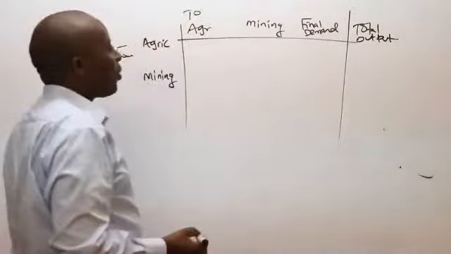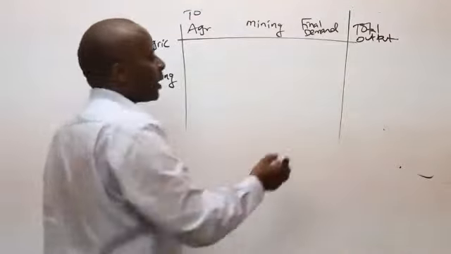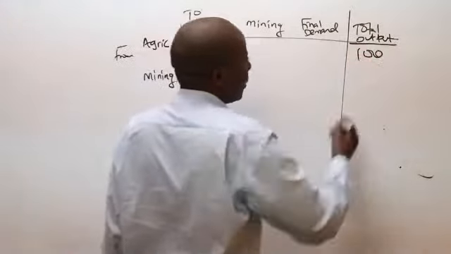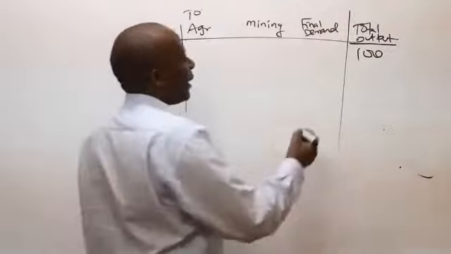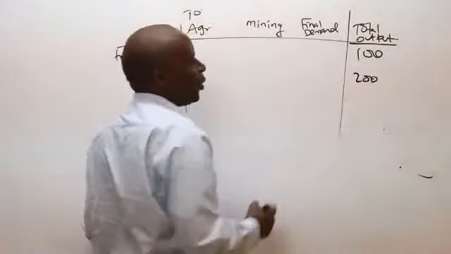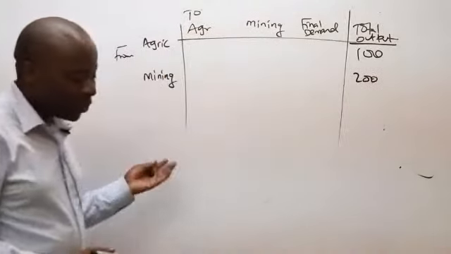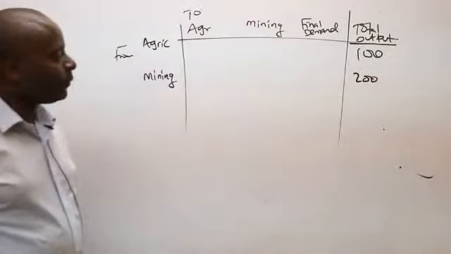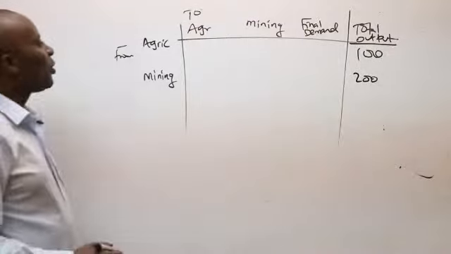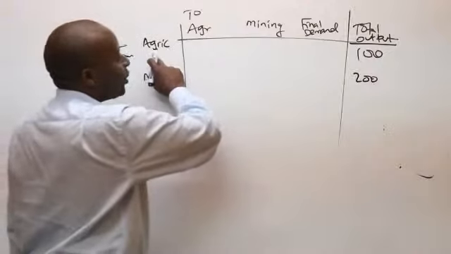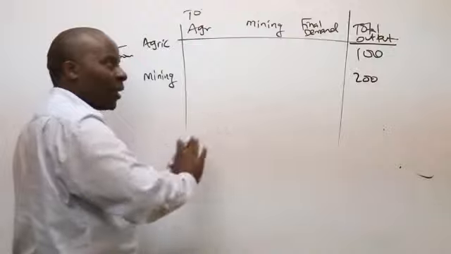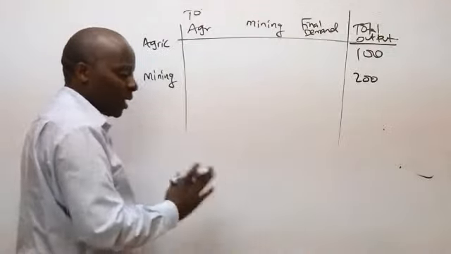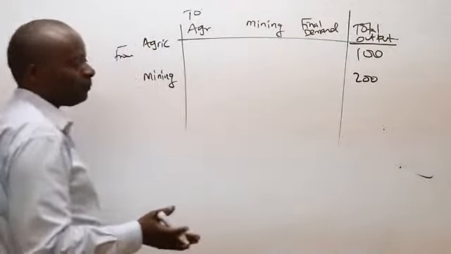It will tell you that agriculture in the year produced 100 kilograms, could be 100 million kilograms, and mining produced 200 kilograms of limestone. Limestone is quite useful. From agriculture, there will be quite a lot of transfers between sectors.